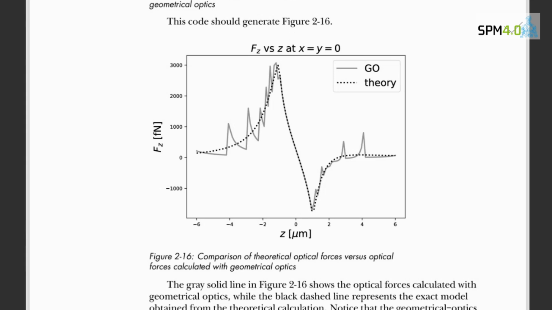What can originate that? Do you know how geometric optics simulation is done? Basically, you have a volume that represents your sphere, your object, your bead, and then you simulate a number of rays, but it's a finite number of rays. So you have some discretization. When the particle moves, it might miss some of the beams.